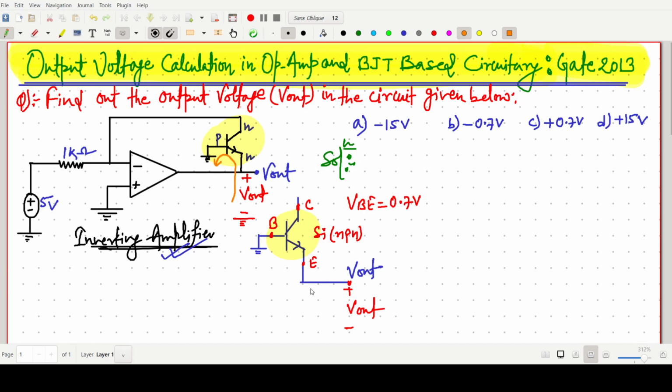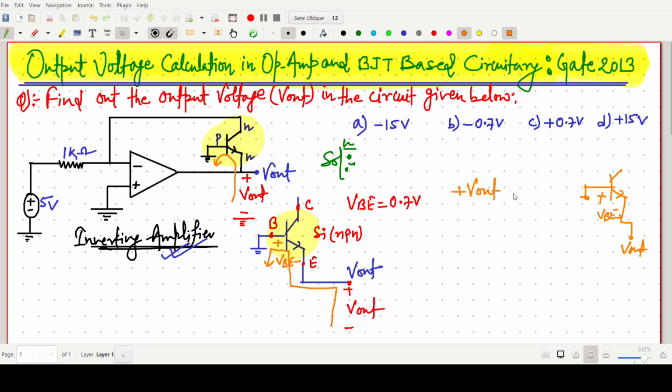one can directly write the KVL equation: plus V out, then this voltage is plus or minus VBE. Once again, this one is grounded, plus or minus VBE, and this one is nothing but simply V out.